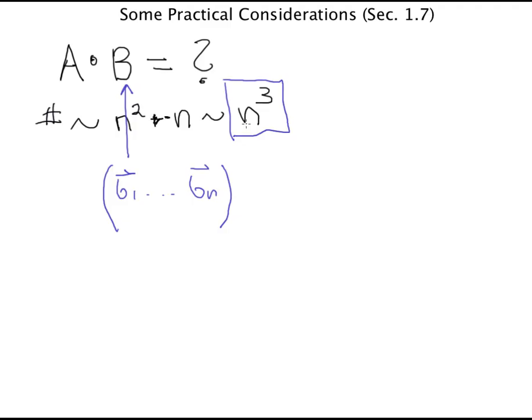And n cubed is getting to be a bit of a problem. For example, if you want to multiply two 100 by 100 matrices, then what is n cubed? Well, that's 10 to the 6th. And it's growing pretty fast as n gets bigger.